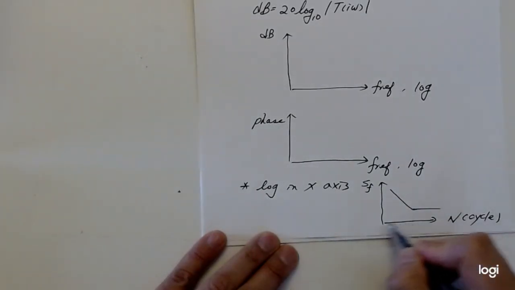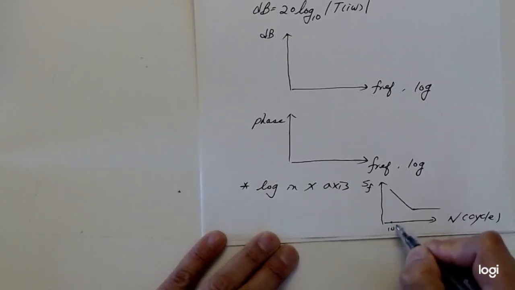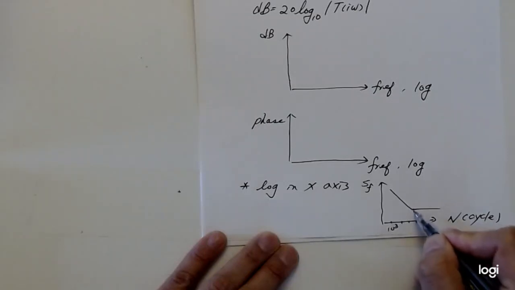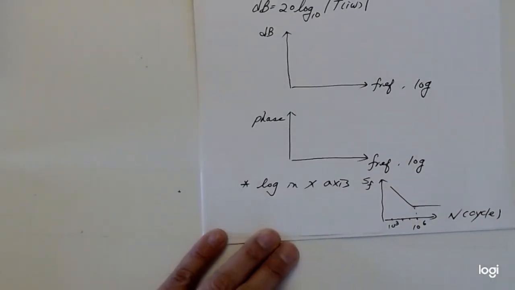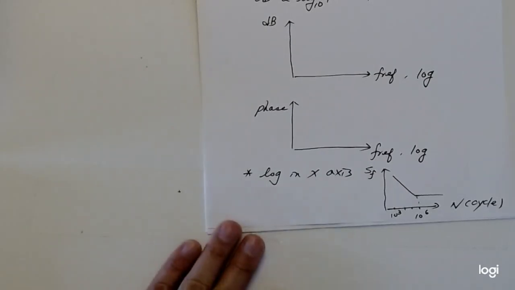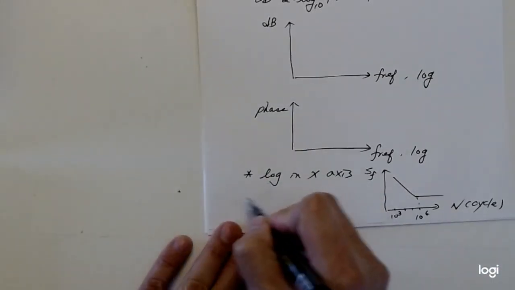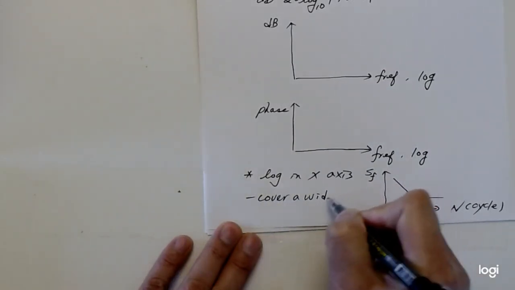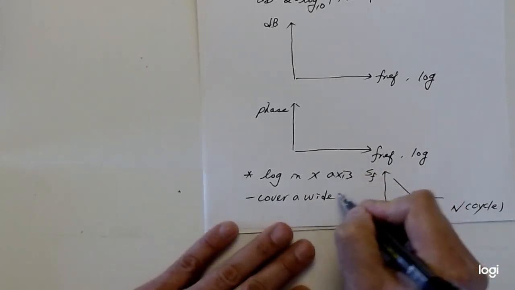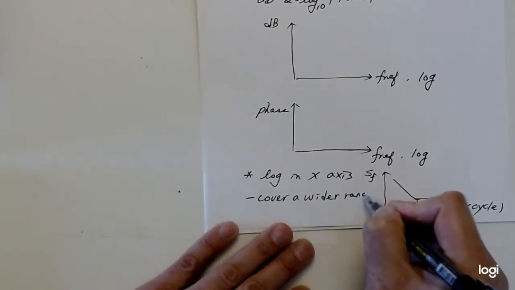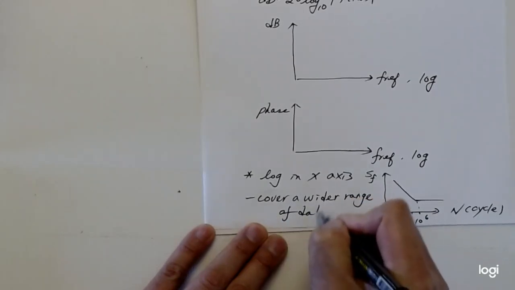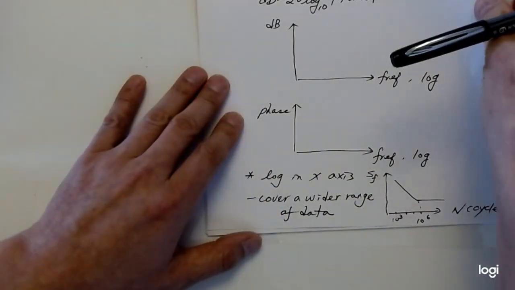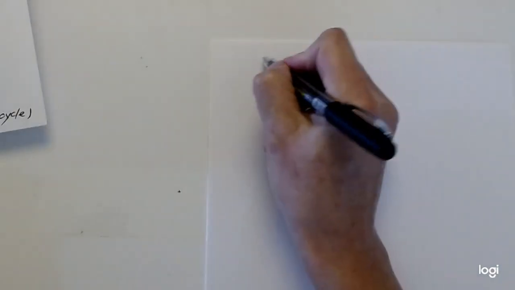And this is in log 10, from 1000 to a million. So why do we do that? Well, we can cover a wider range of data. That's the x-axis.